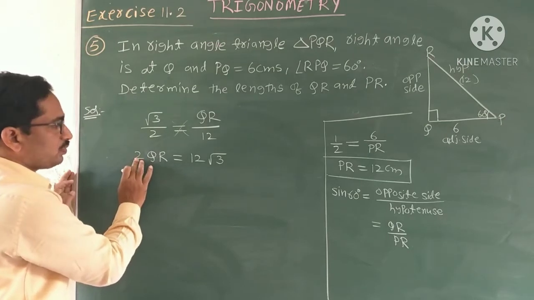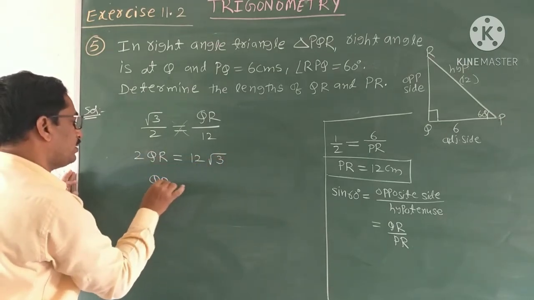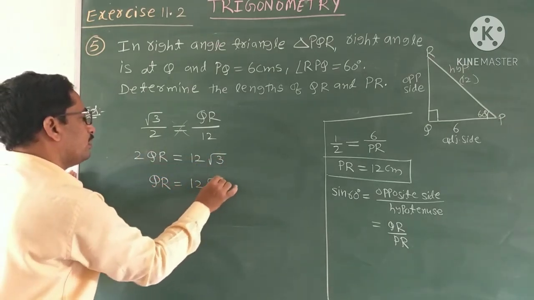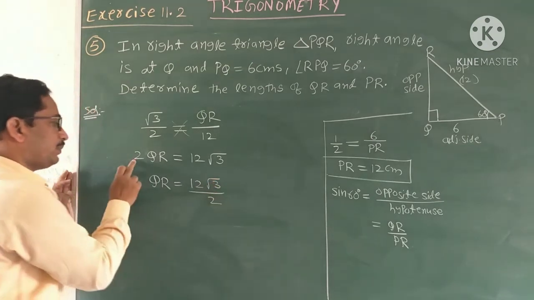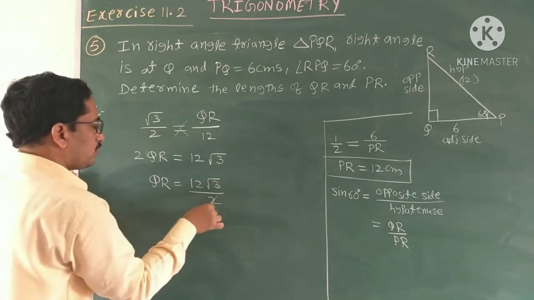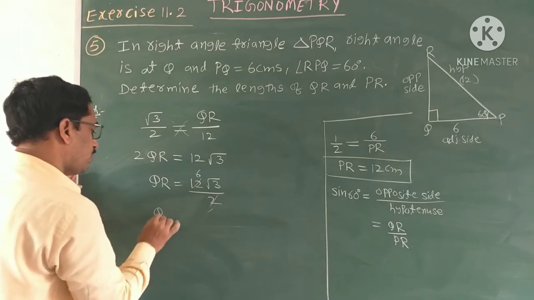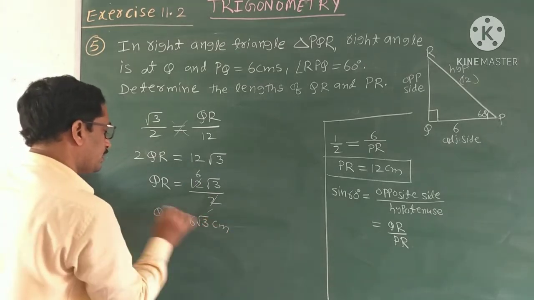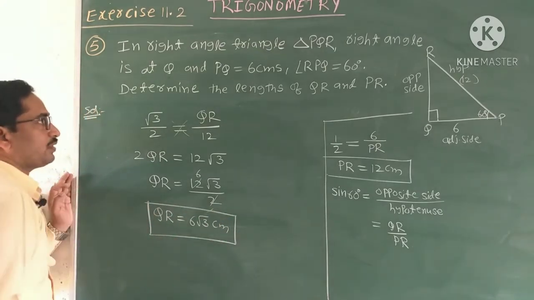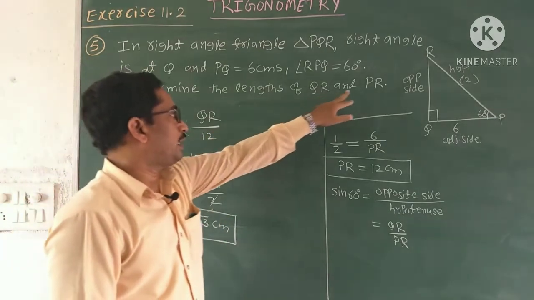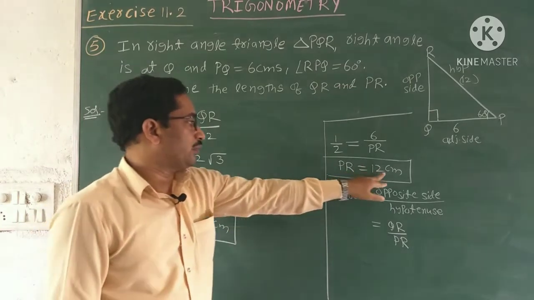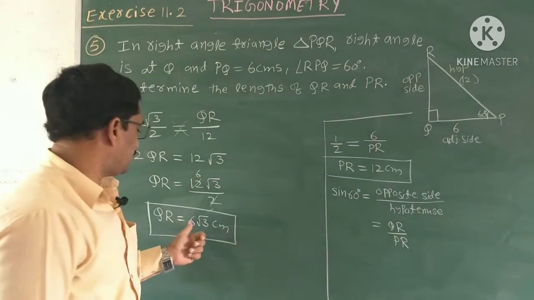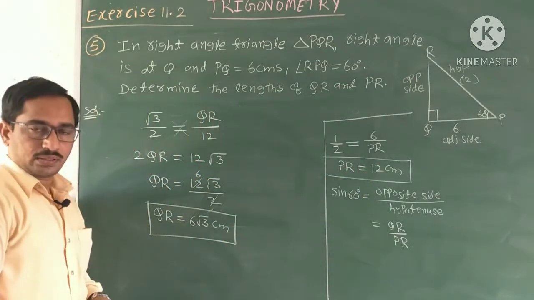Next, transpose the 12 right side, QR equal to 12 root 3 by 2. This is multiplication, right side and division. So 2 sixes are 12, the length of QR equal to 6 root 3 centimeters. So our required answer: PR length 12 centimeters, QR length 6 root 3 centimeters.